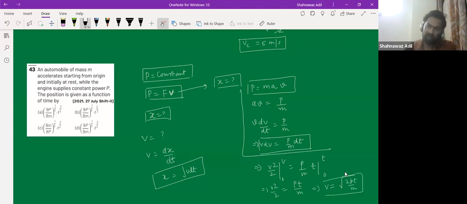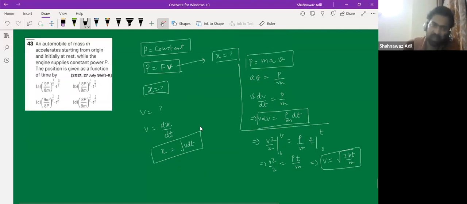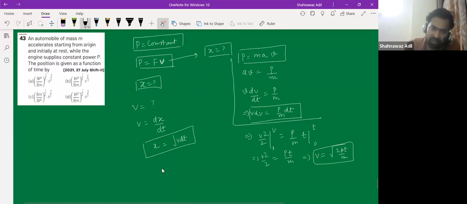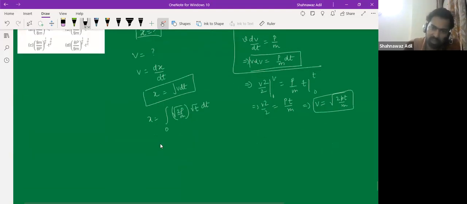That is your v. And then you have to integrate this thing again. So what would this be? V is root of 2p by m, that is constant, and root t dt, right? So this is from 0 to, let's say, t.